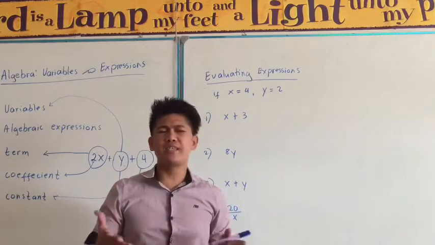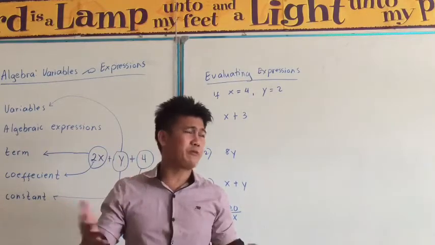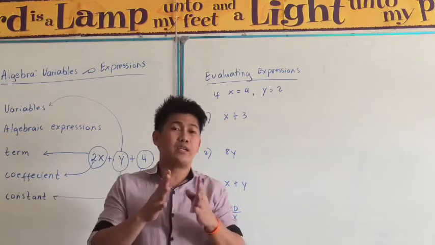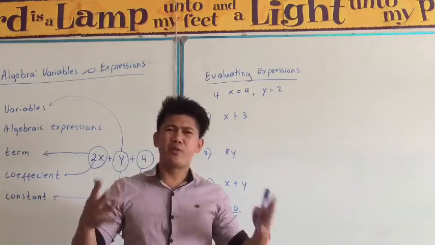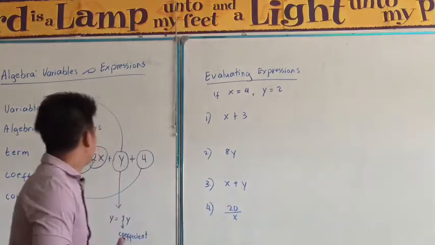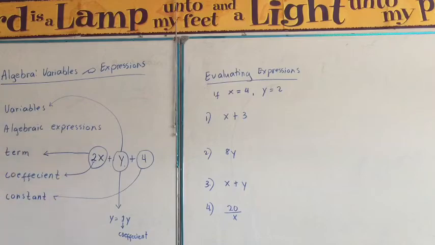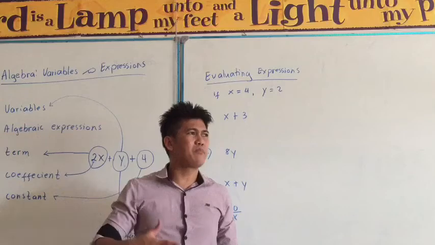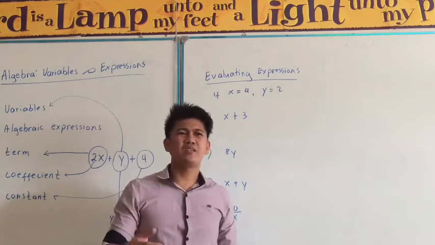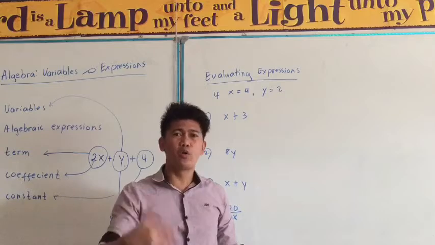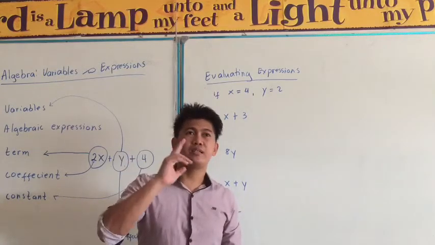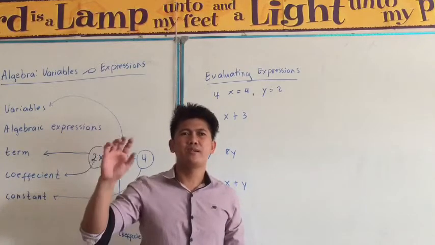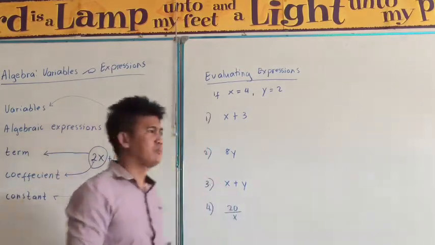Any letters, A, B, C, D, E, F, G, H, I, J, K, L, M, N, until Z, you can use as variables in a problem, in an equation, or in an algebraic expression. So when you see x plus y, y plus 2, z times f, or z times 4, z is the variable. The letters in the given equation are called the variables.